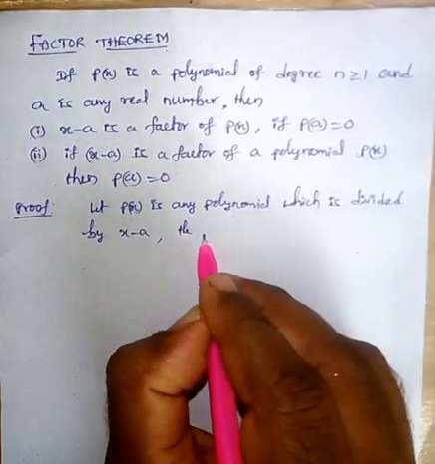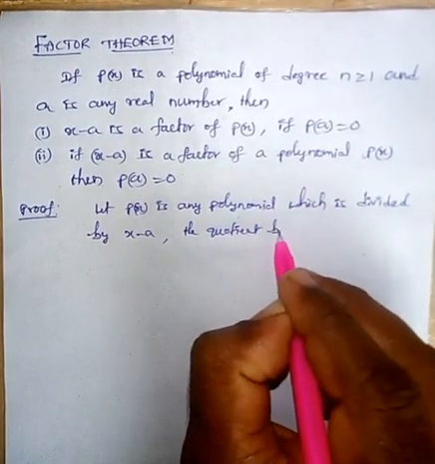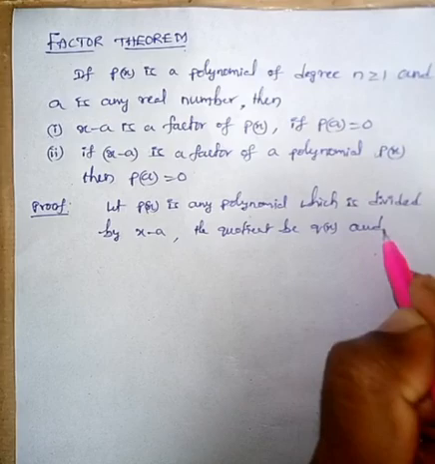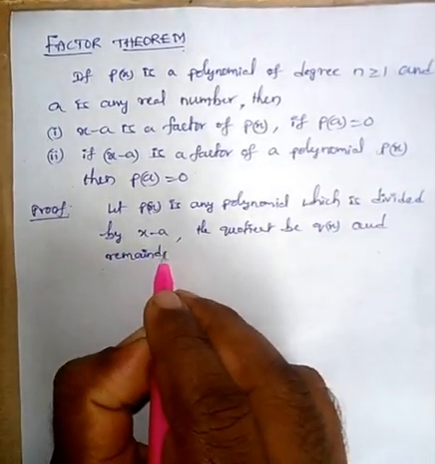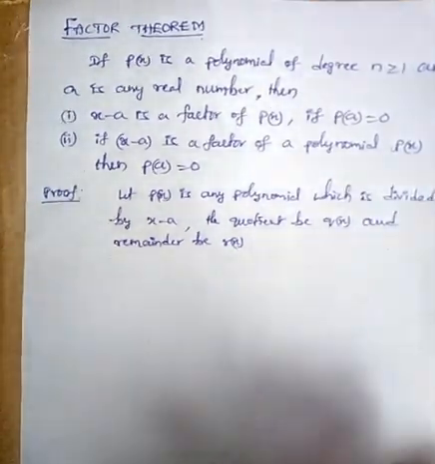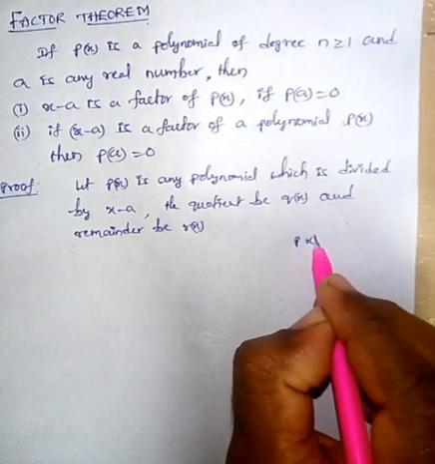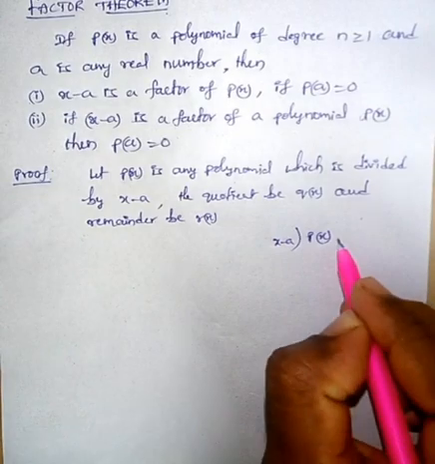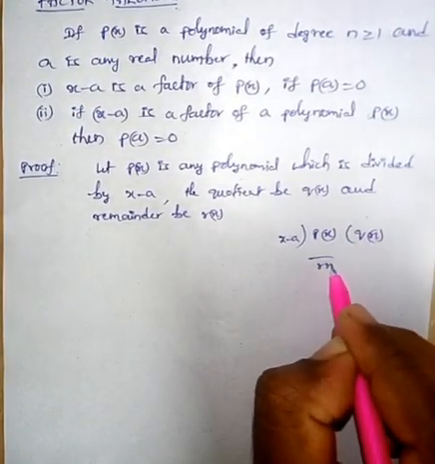The quotient be q(x) and remainder be r(x). Children, here we are assuming that a polynomial p(x) is divided by the linear polynomial x minus a. It gives the quotient q(x) and it gives the remainder r(x).